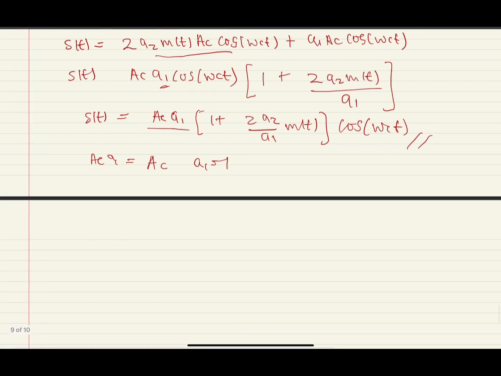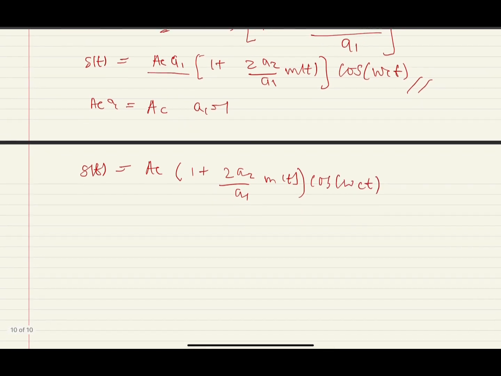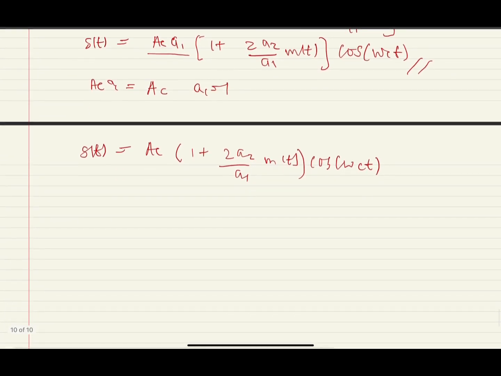So in that case, I can also represent that one as AC into bracket 1 plus 2A2 over A1 M of t, and then cos omega ct. So remember the equation that we dealt with the other time in my previous video.